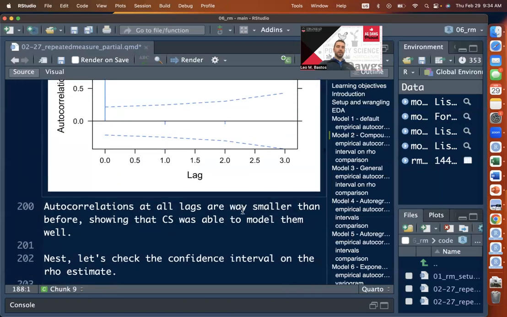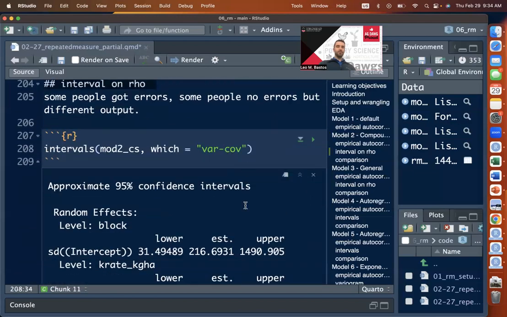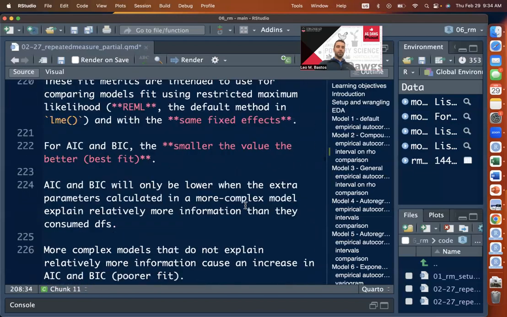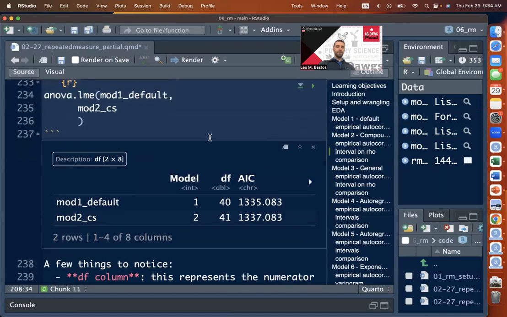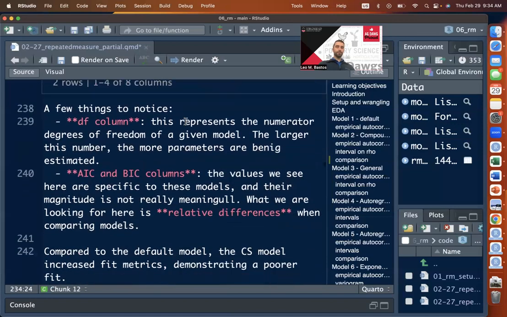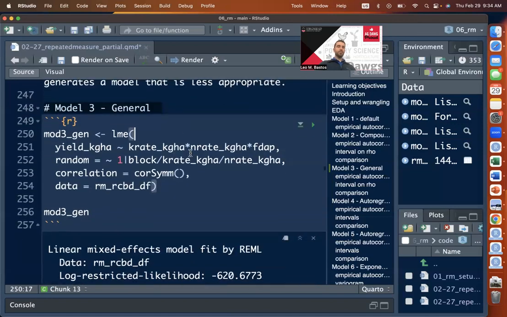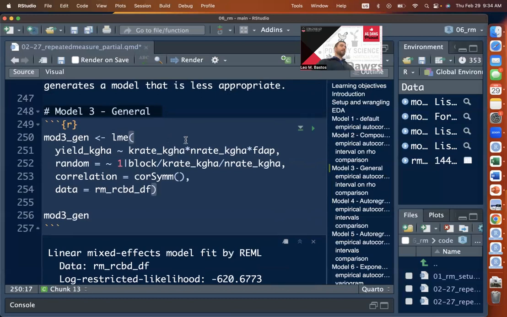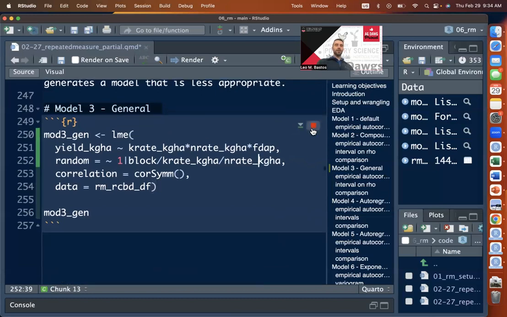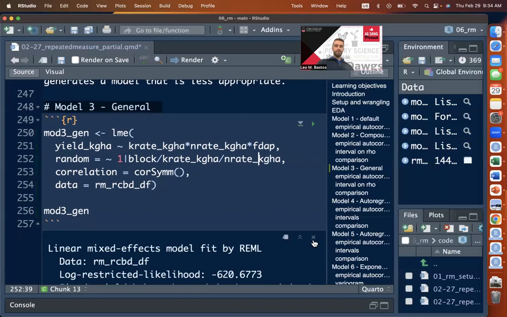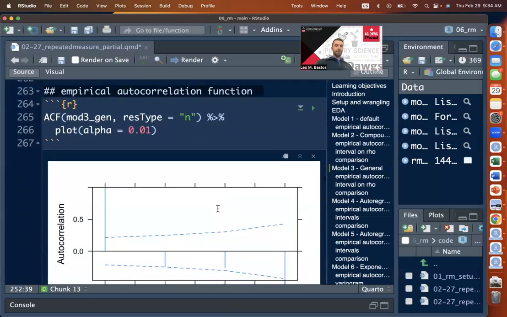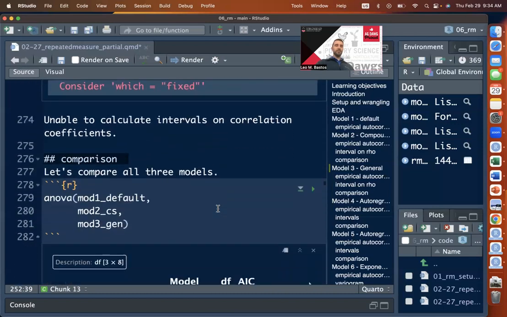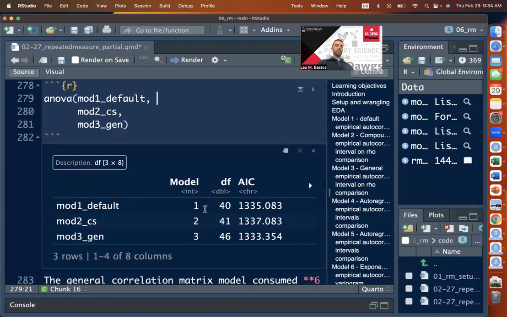Again, you can skip ACF, intervals, and the ANOVA. Then you get to model 3 general, run that. We want to have the mod3 gen object in our environment. You can skip ACF, intervals, and the last ANOVA comparison.